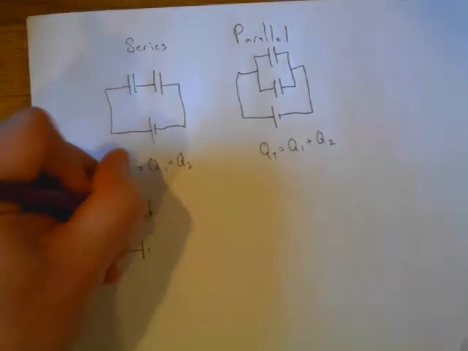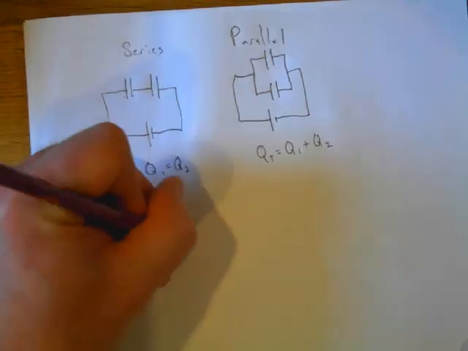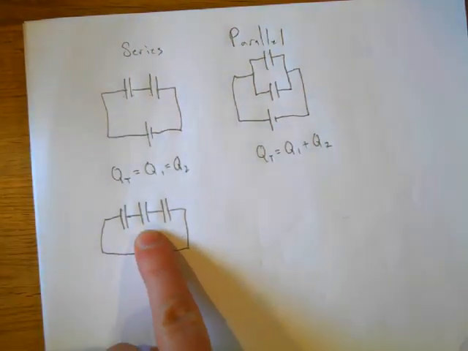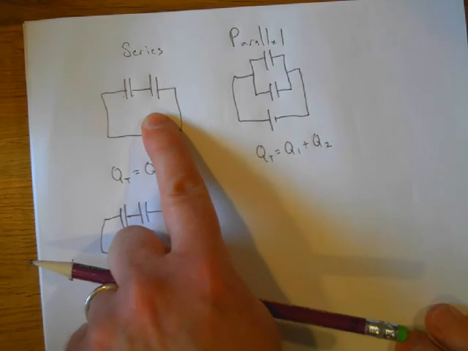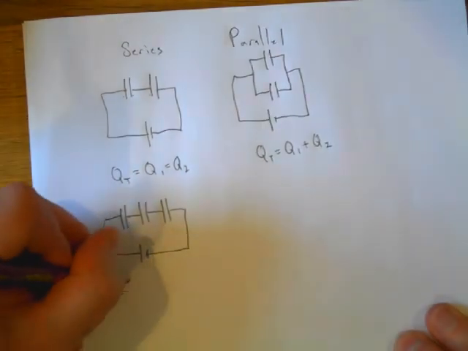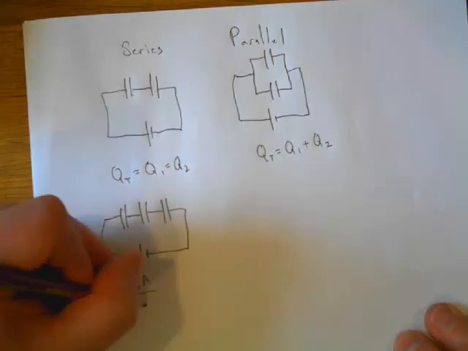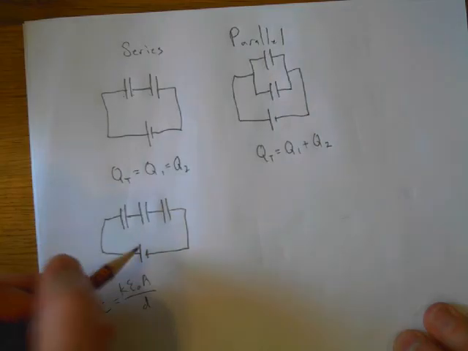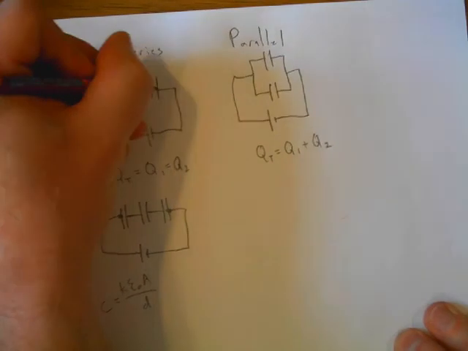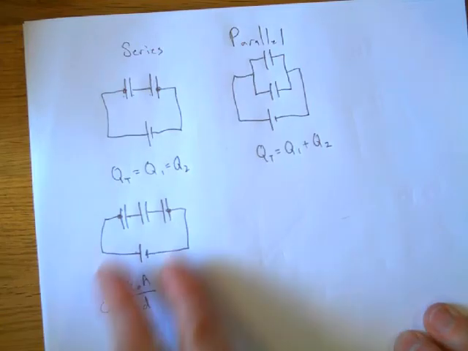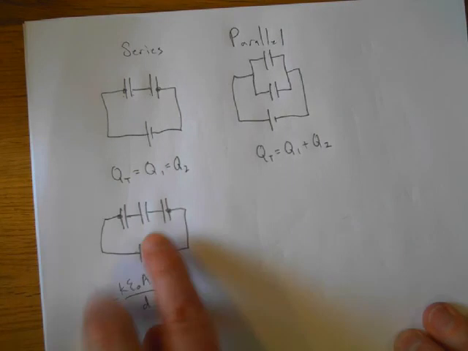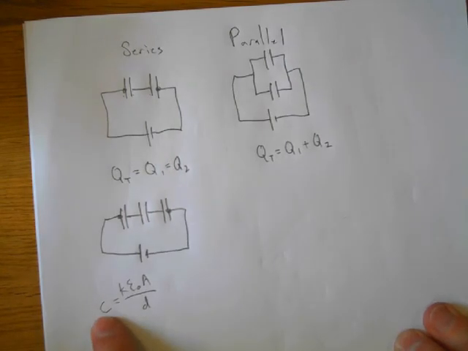If I add another capacitor in series, this circuit actually has less capacitance than this circuit. One way you can think of it, if you think about this equation with the K, this A over D, do you see, with respect to the battery, from here to here versus here to here, I have increased the distance.